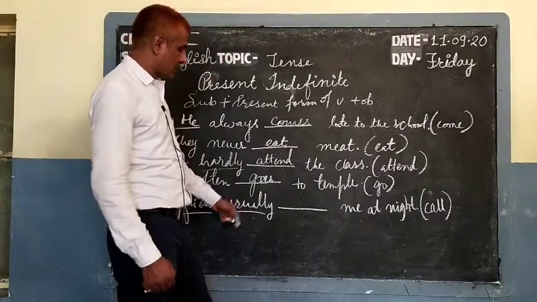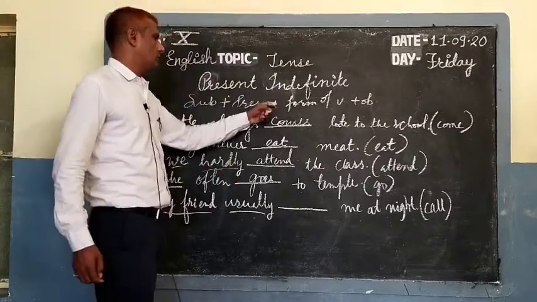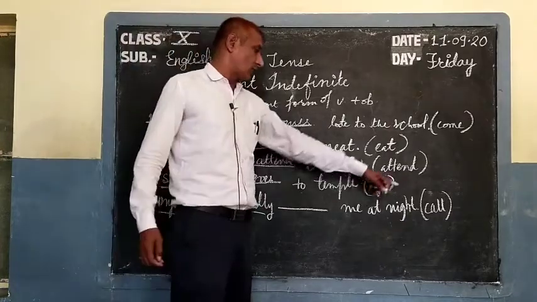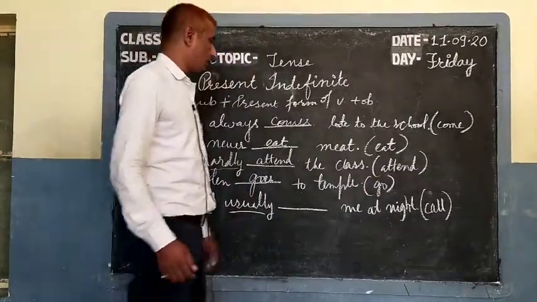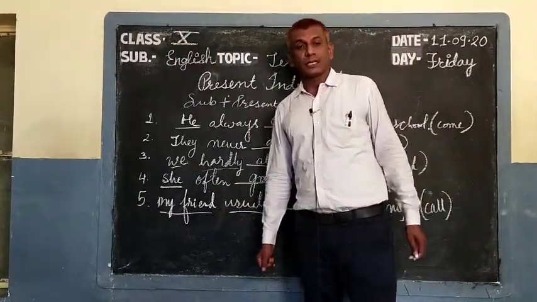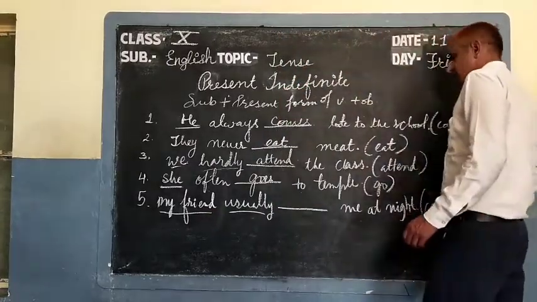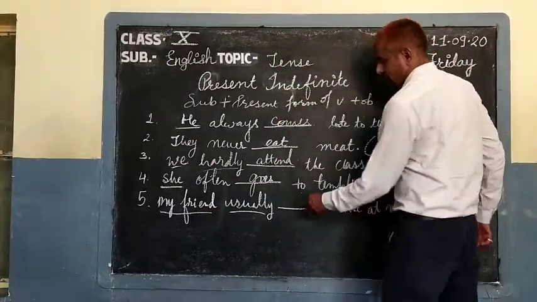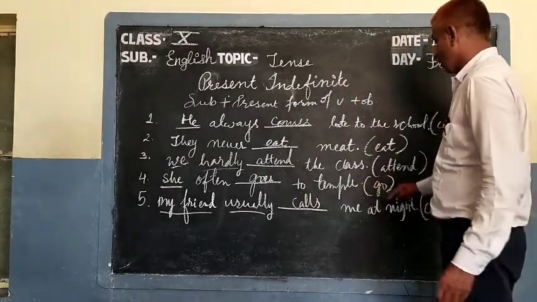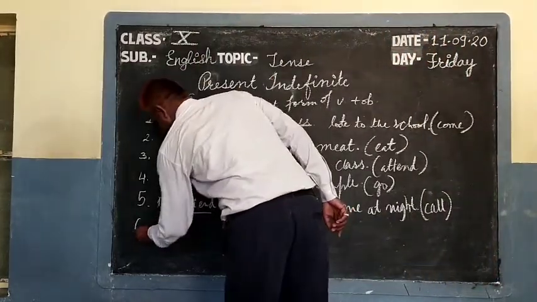Usually I told you this is in the identification word of the present indefinite, and according to this usually we use the form of present form or what? Call. The verb is call me at night. So our subject is my friend is singular form. So we will use this word in the plural form. Calls. My friend usually calls me at night. Let's see one more example.